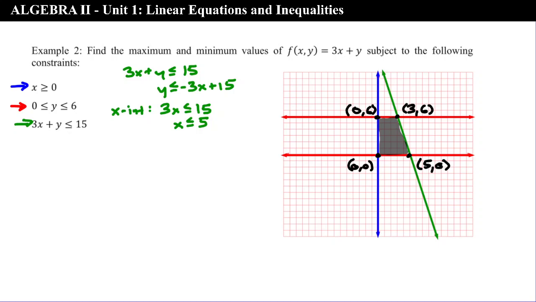Okay, so now all we have to do at this point, take our objective function, f of x, y, equals 3x plus y. And we're going to plug in each of these points. So we're going to have f of 0, 0.